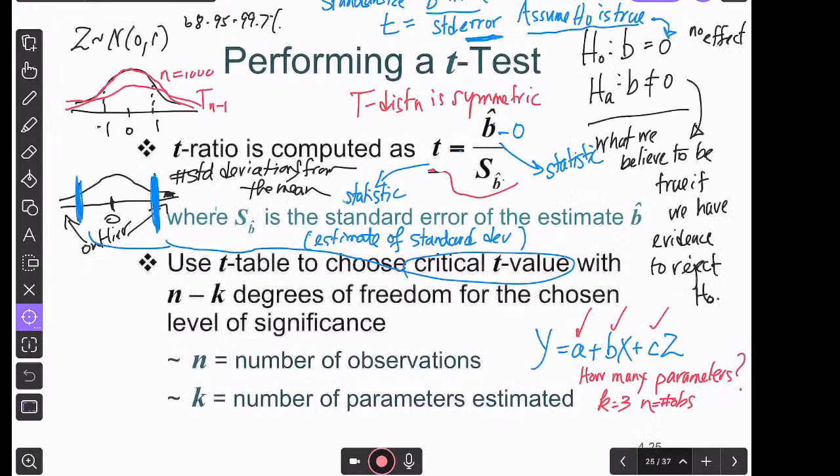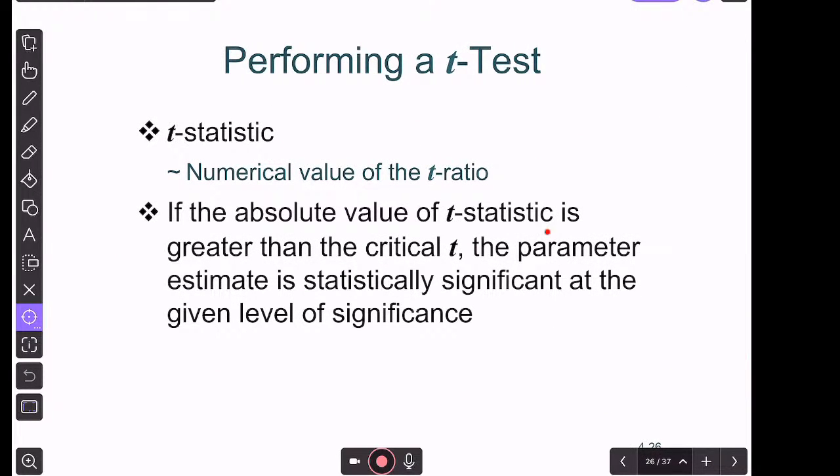This threshold will depend on N and K, and then you just see if you're outside of it. If you're out there, then you're an outlier. So what you're doing is checking to see if it's greater than the critical value, either higher or lower. That's why they say absolute value. And then the parameter estimate would be statistically significant.